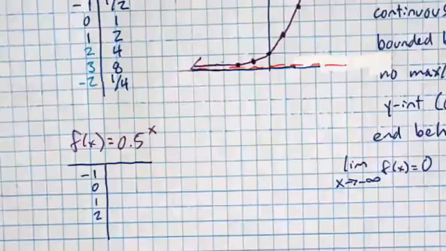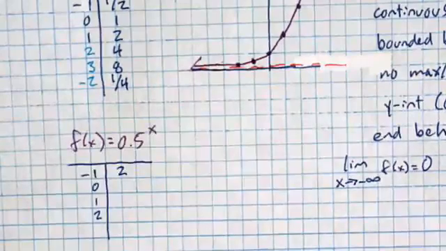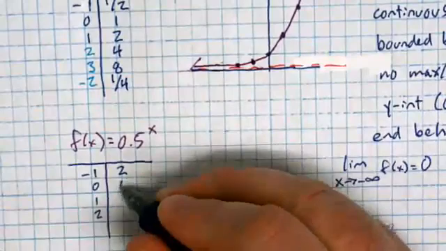Anybody know what 0.5 to the negative 1 is? 2. All right. It'd be 1 over 0.5. 1 over 1/2 would be 2. Yes, it is 2. 0.5 to the 0 power is 1, the same thing that anything to the 0 power is.